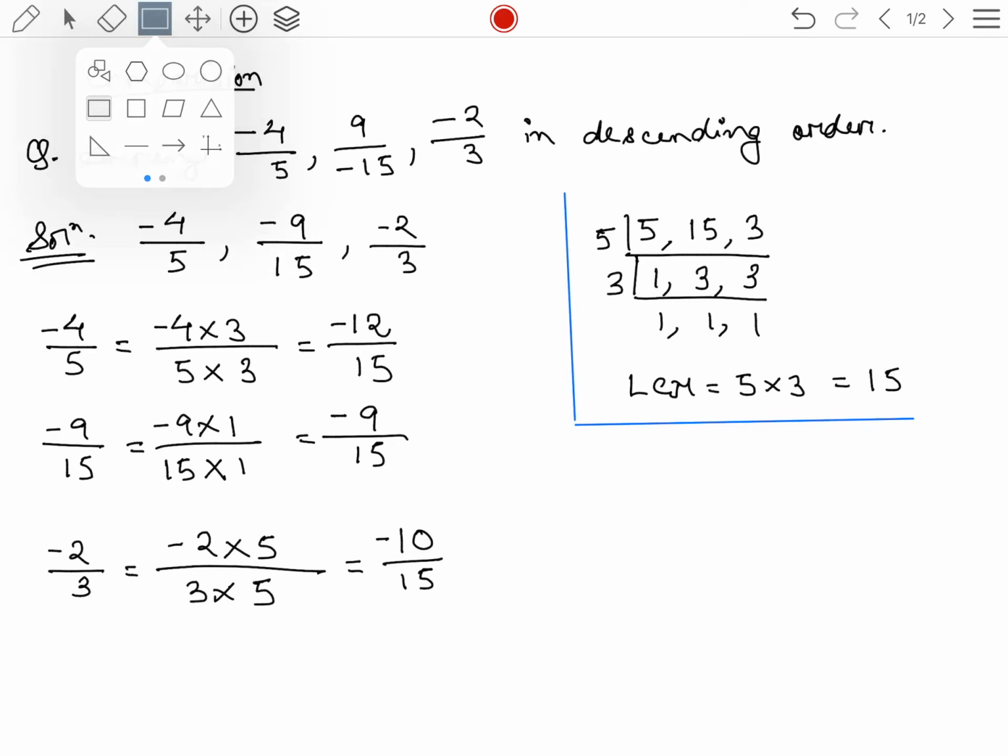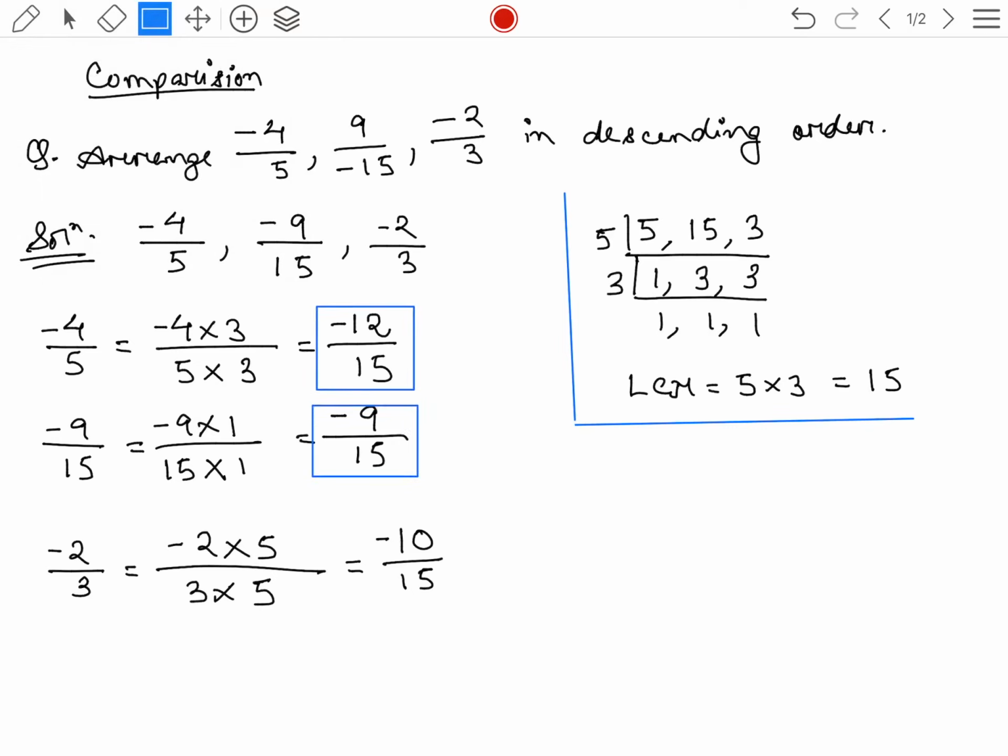Look, one is -12/15, second one is -9/15, and the third one is -10/15. Now since the denominators are the same, you just need to arrange which one is greater. Again, it is given, you need to arrange those in descending order.